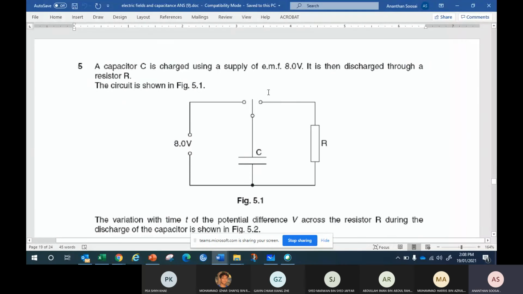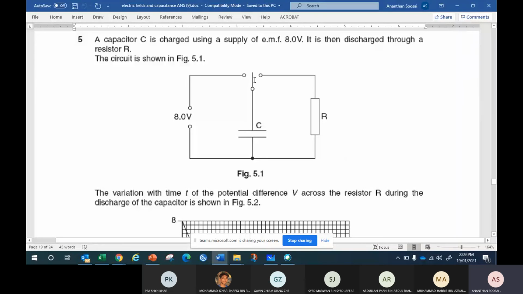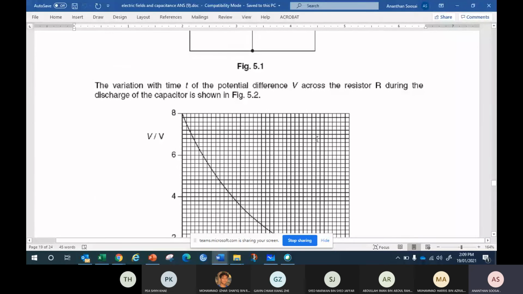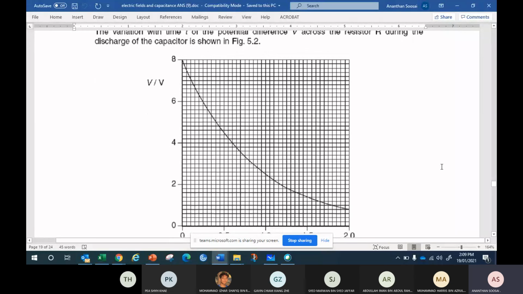A capacitor C is charged using a supply of 8 volt. It is then discharged through a resistor R. The circuit is shown in figure 5.1. So 8 volt charges the capacitor, and later the switch is closed to the right to discharge across the R. The variation with time of the potential difference across the resistor R during the discharge is shown; this is the discharge graph.